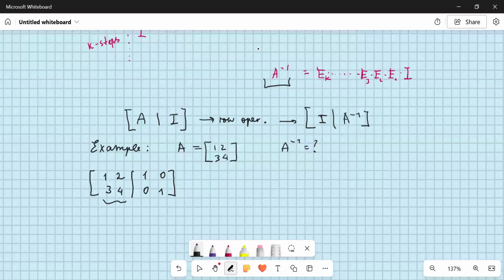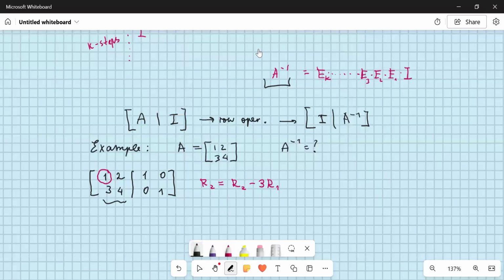Well, let's see. My first element is already 1 over here, right? I don't need to do anything with it. So I'm going to eliminate this 3. What I'll need to do is take row number 2, and row number 2 minus 3 times row number 1. Again, you can use the formal multiplication by the similar elementary matrix, but doing these row operations is easier in practice.